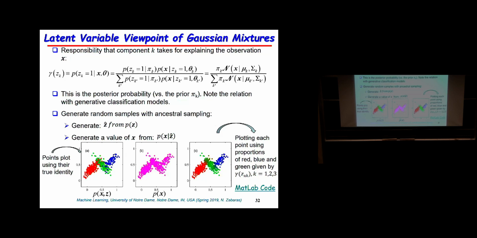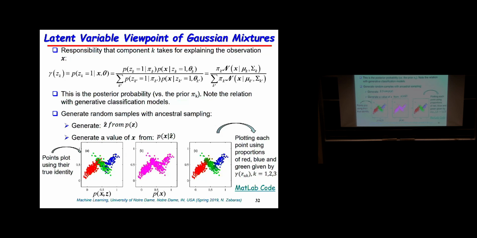But before that, on the slide here, we have the definition of the responsibilities, right? The responsibility is basically a posterior probability that for a given x, tells us the probability that we have a color being blue or being green or being red, okay? So we call this posterior responsibility gamma, and for each x there is one gamma, okay?